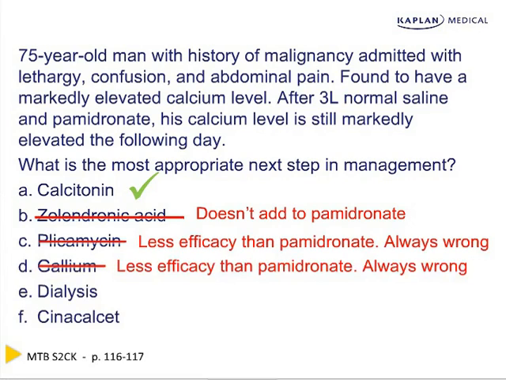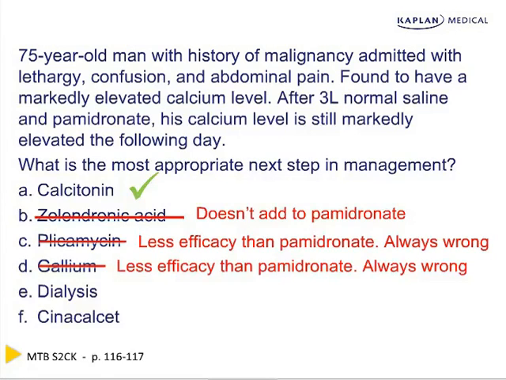As a student with a limited budget, you may be making a decision, should I buy that book? If you look inside and it's telling you to use furosemide, the answer is no, and you can burn it to heat your house. Plicamycin and gallium are always wrong. That's old stuff. Bisphosphonates eliminated them.